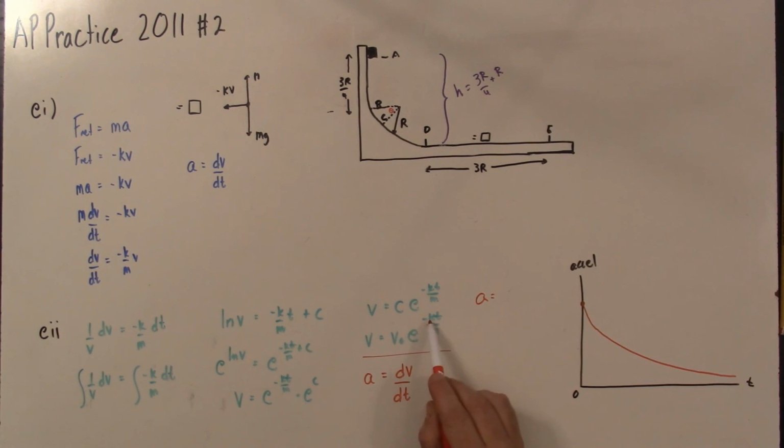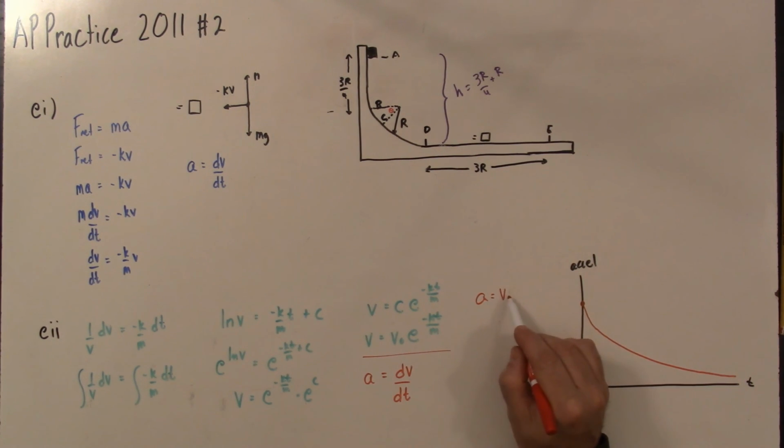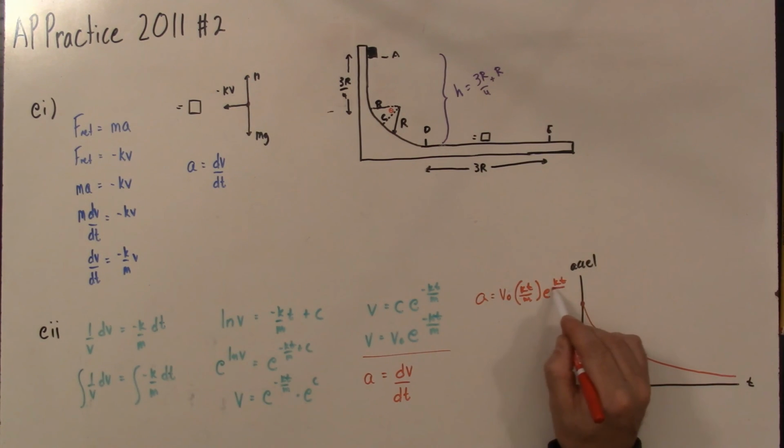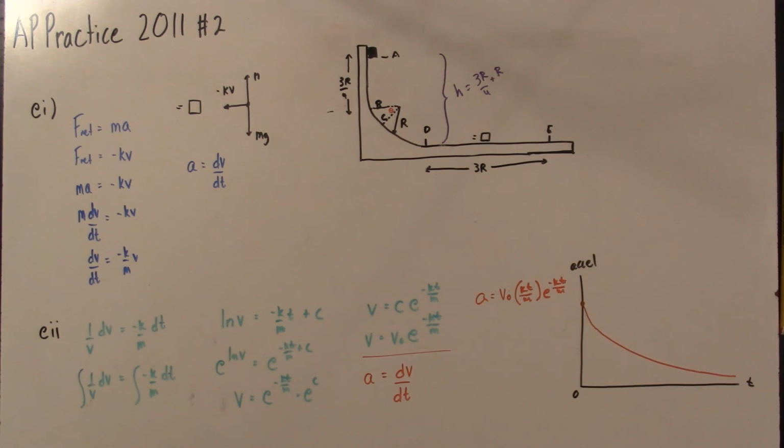The derivative of e to the negative kt over m is e to the negative kt over m, and then apply the chain rule, multiplying by the front: v0 times k over m times e to the negative kt over m. This would be negative, but they only want the magnitude. At time 0, the exponent is 0, which makes that whole factor 1, and so the acceleration at time 0 is v0 k over m. So that would be this value right there.